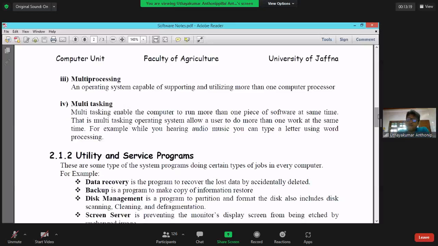So multiprocessing, an operating system capable of supporting and utilizing more than one computer processor. So more than one or two processors can work in parallel, right? Simultaneously. Normally servers, we never switch off the server.